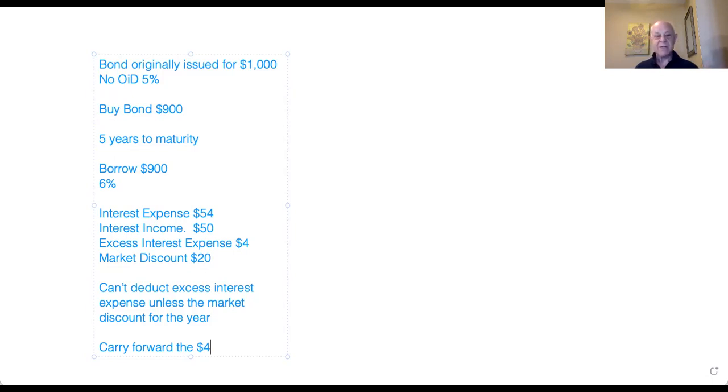And unless it exceeds the total market discount over the 2-year period, we can't deduct that. We just keep carrying it forward and carrying it forward. And eventually, the interest expense will all be deducted in the year of disposition.